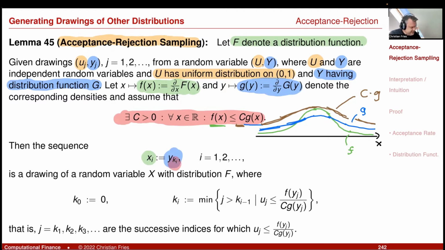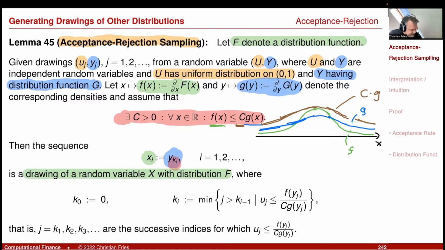This is an f distributed drawing, so this is a drawing of a random variable x with distribution function f. So you see, I do not take all the y's here. I just take y at some selected index ki. And now I have to tell you what's the selection criteria.